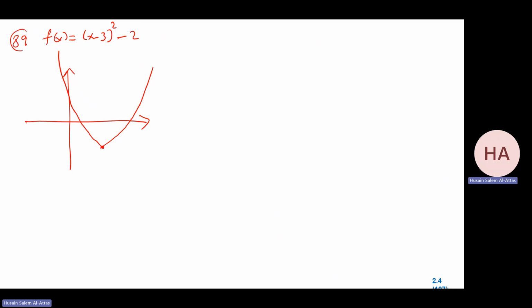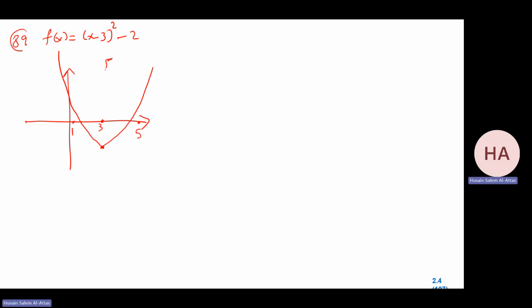Okay. And the interval given is 1 to 5. For sure there will be zeros here and here. And this is 3. You want us to show that there exist 2 zeros, which is very clear.